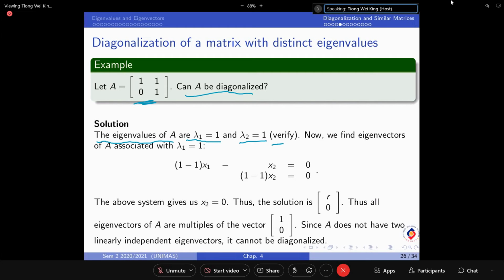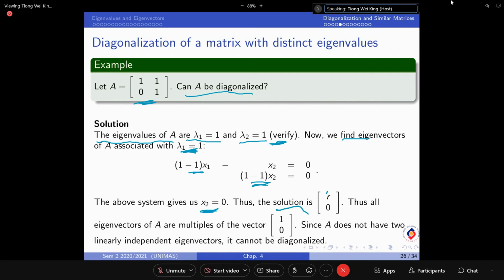This one you can verify on your own, I will not show it here. If you find the eigenvectors, for lambda equals 1, if you substitute lambda equals 1 into the homogeneous system, you will get x2 equals 0, and x1 you don't know, so you just assume x1 equals r.